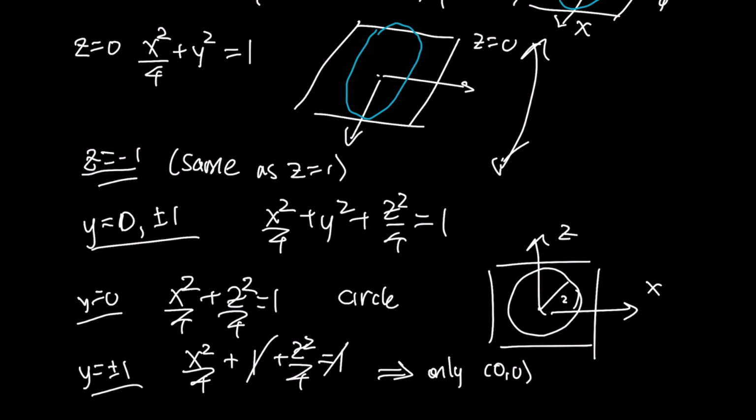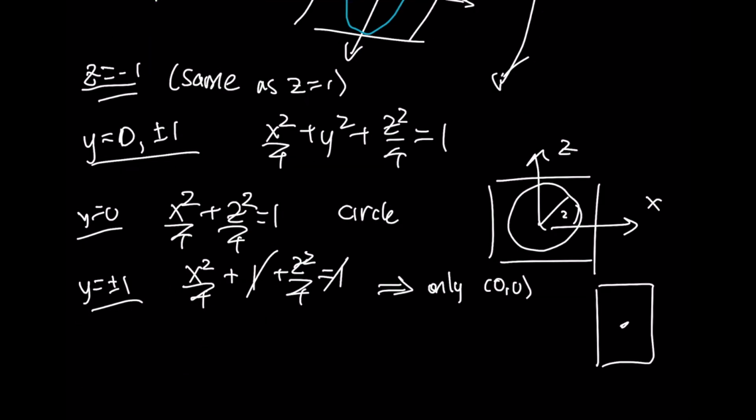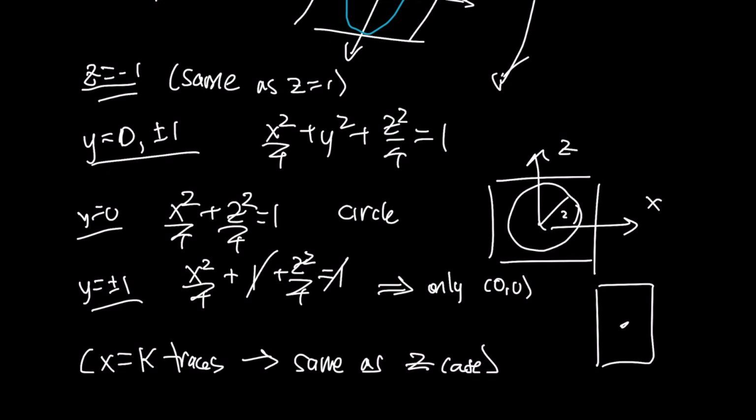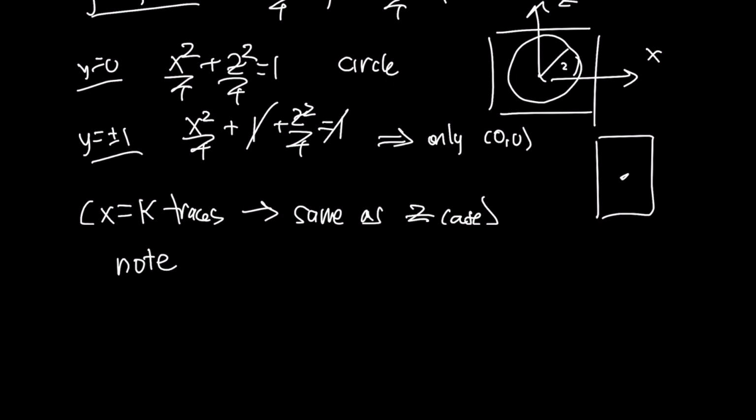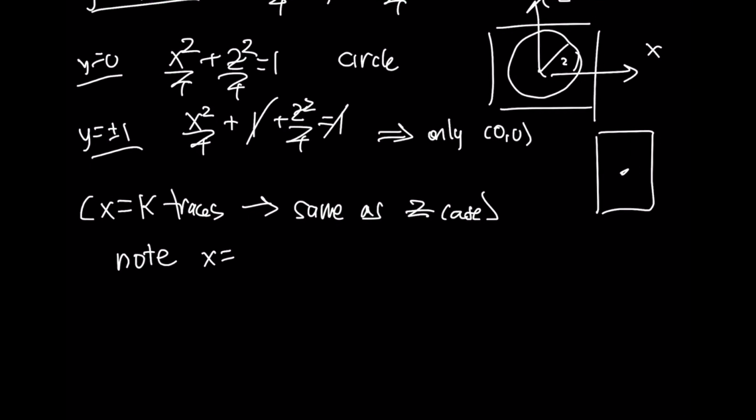So in this particular case, if I were to take traces in the x direction, it would be exactly the same as the z case above. The variables would change, but nothing else. Now note, for the x equals k or the z equals k traces, there's going to be no solution if the size of these things is greater than 2.